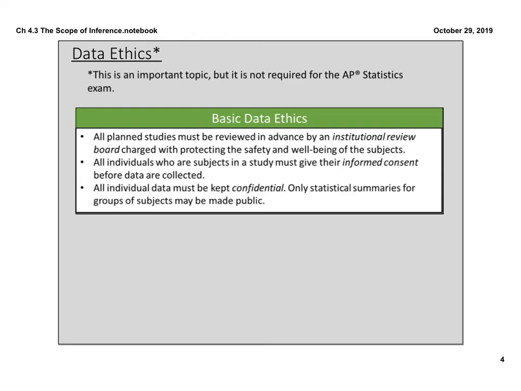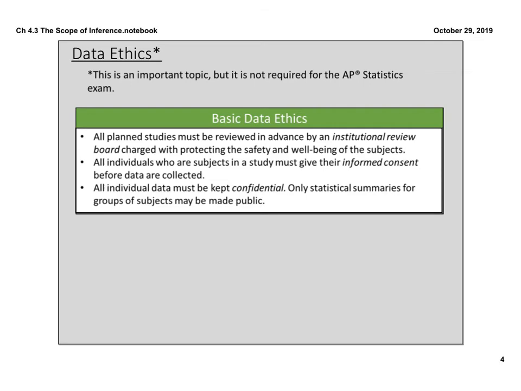It's not necessarily something that's tested on the AP exam, but it's an important topic in the world of statistics in general. You would encounter this if you were in a statistics class beyond high school that was going towards your major, because statistical analysis comes up in a lot of different fields, in the business field, in the medical field, in a lot of different areas.